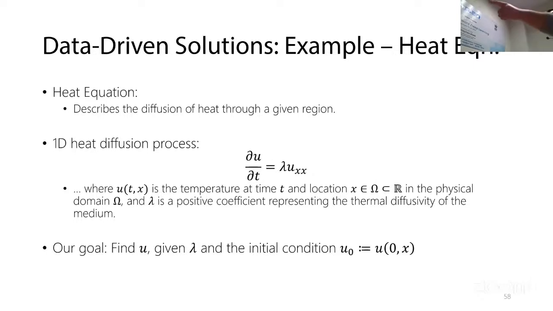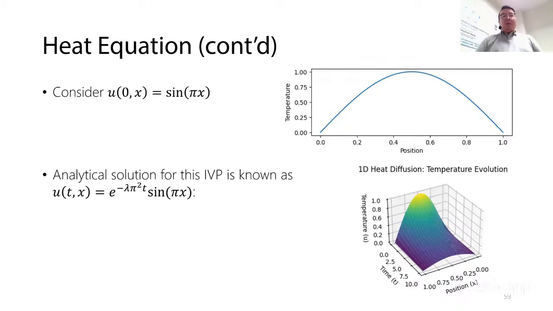Our goal is to find the solution function u given the diffusion coefficient lambda, as well as the initial condition. The initial distribution of temperature is already given, so it's an initial value problem. This is something that we're going to see after the break, within that PyTorch session.